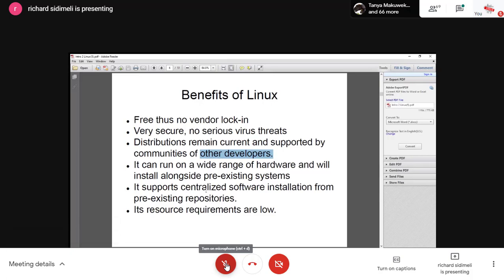The fourth one is that it runs on a wide range of hardware and can be installed alongside pre-existing systems, like what we have in computer science. For those who have been to the lab, we are having an operating system called Windows and Linux coexisting on the same equipment.